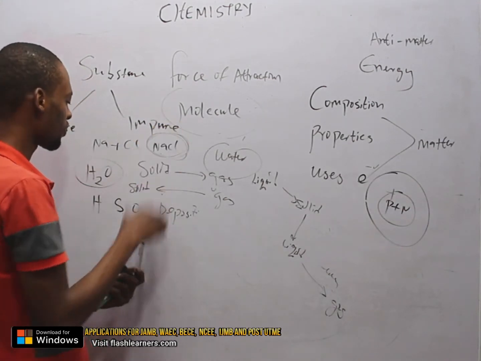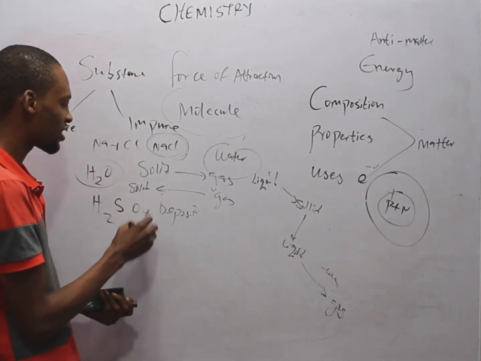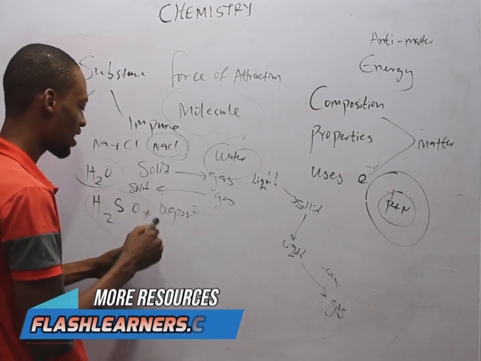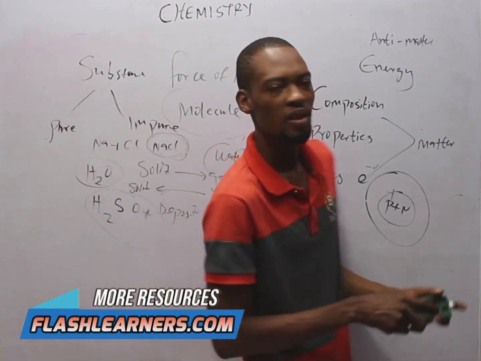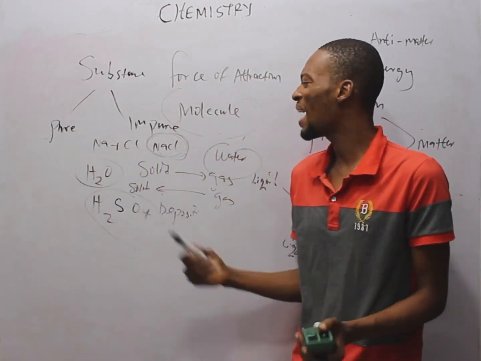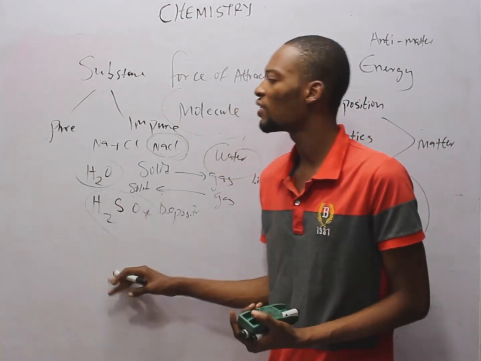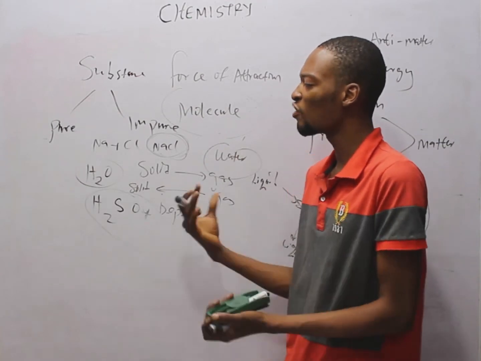But mixture, okay, here we can say H2SO4, sulfuric acid. But a mixture contains two or more elements or substances combined physically. There is no reaction. For example, air is a mixture of nitrogen, oxygen, gases, and a lot of particles.